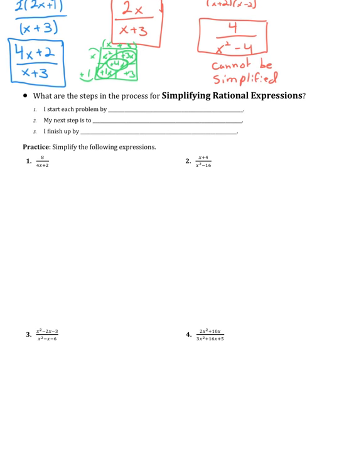Three steps in simplifying rational expressions. We already talked about it, but I want to bring it up again. We're going to start each problem by factoring the numerator and denominator respectively. All right. My second step after I factor the numerator and denominator is I want to divide like terms.